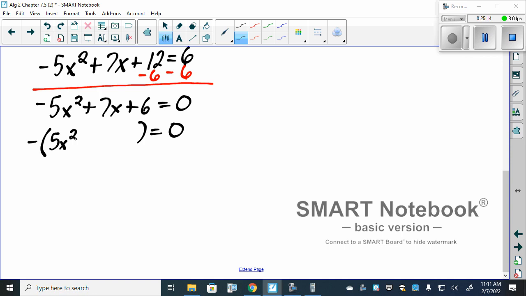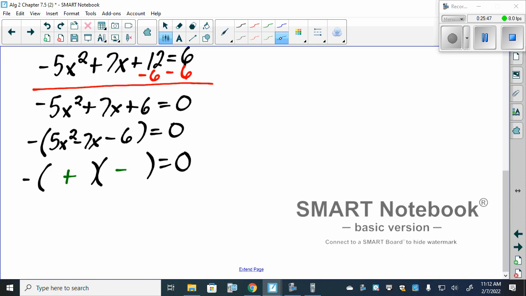It's going to turn the 7x from positive to negative, and it's going to turn the 6 from positive to being negative. Now, because the 6 is negative inside the parentheses, it means our signs are opposite. One's positive and one is negative.